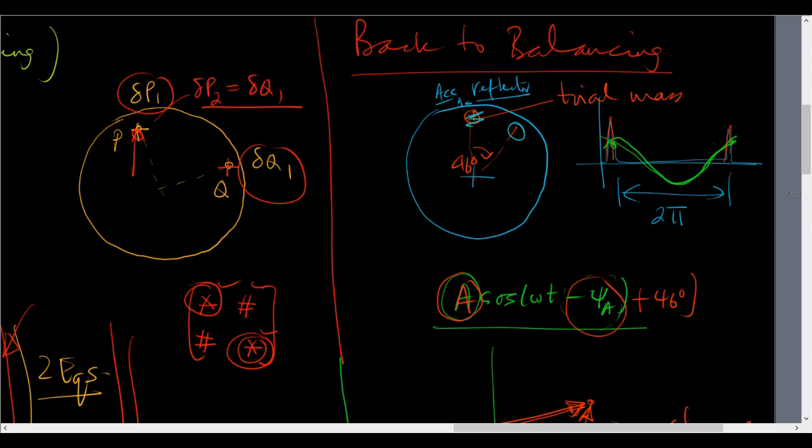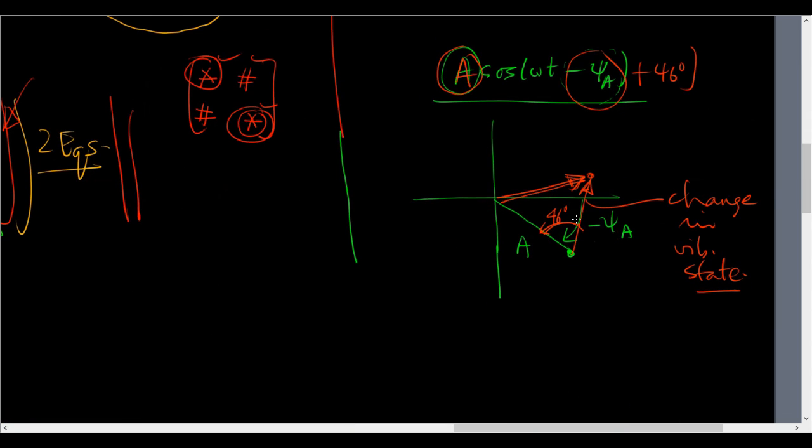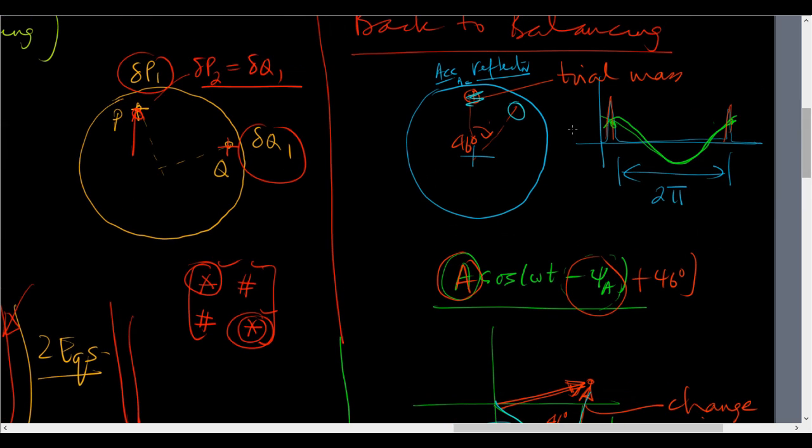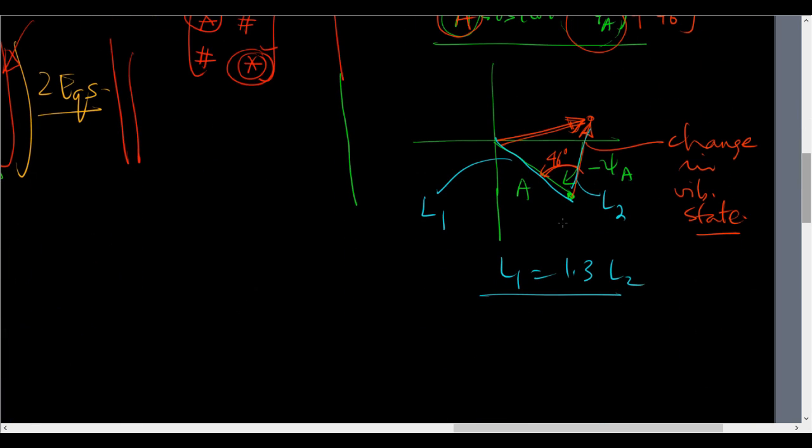Now also there is a magnitude, and that may not be the same magnitude. Let this length be L1, let this length be L2. If L1 is equal to 1.3 L2, then I have to come here and times 1.3, and then I will get single plane balancing. This will go to 0.